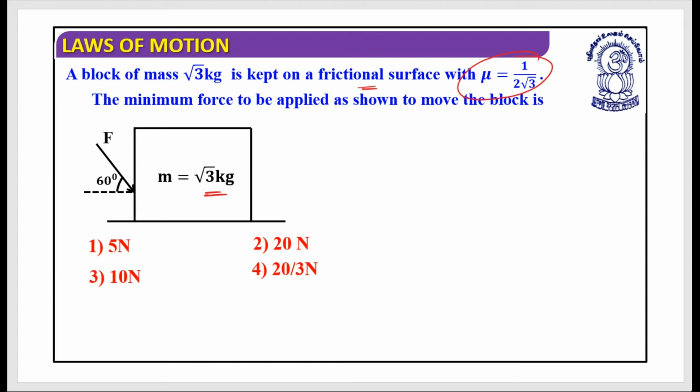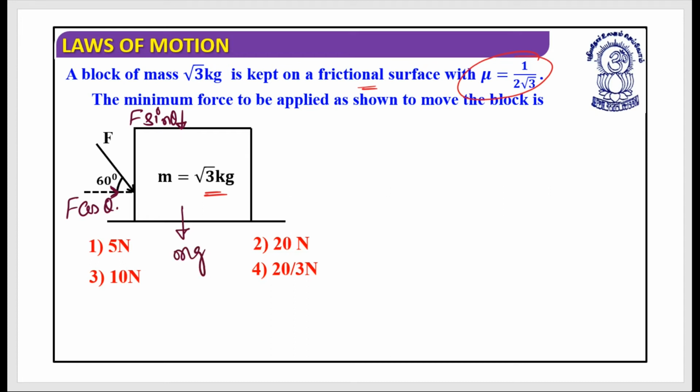Have you done it? No? Let me help you. So first, mark every force that is acting on the system. This is F, so this must be F cos theta, and this must be F sin theta. This must be mg.